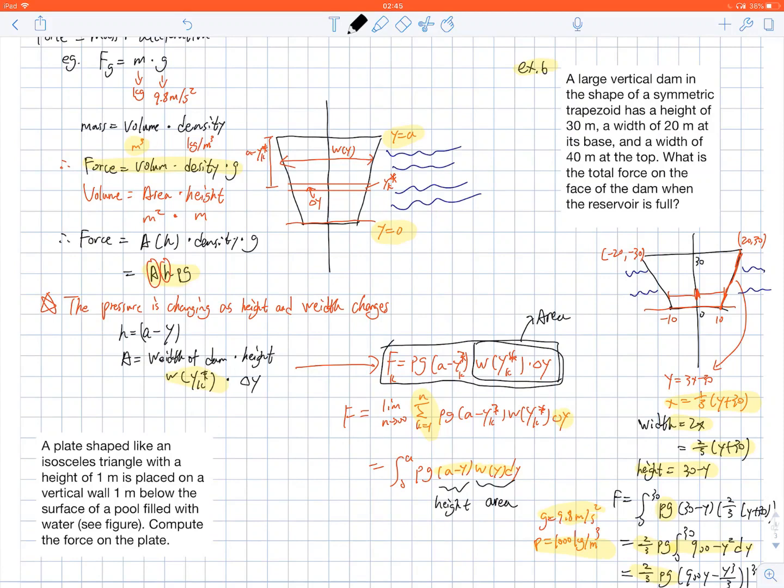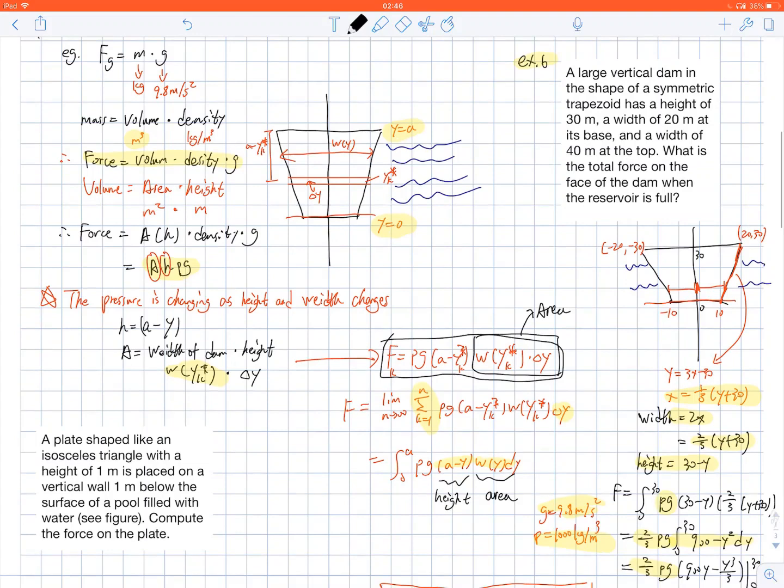If you have the book, please follow along, and the example goes as follows. A large vertical dam in the shape of a symmetric trapezoid has a height of 30 meters, a width of 20 meters at its base, and a width of 40 meters at the top. What is the total force on the face of the dam when the reservoir is full? When the reservoir is full, the water level is at 30 meters, which is equal to the highest point of the dam.